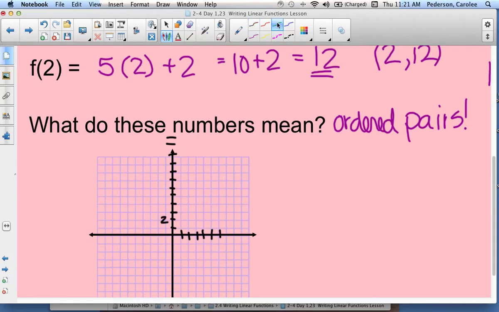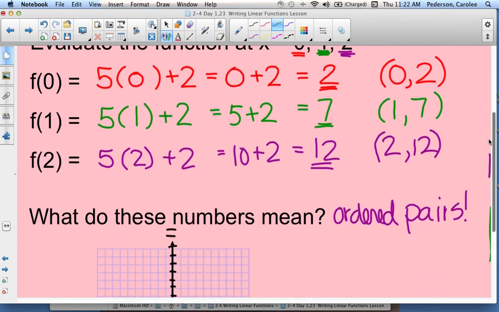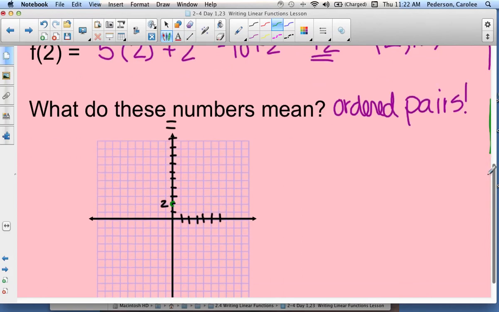We're going to go over 0 and then up 2. And that ordered pair was red. Let's keep it the same color. So over 0, up 2. And let's just label it.